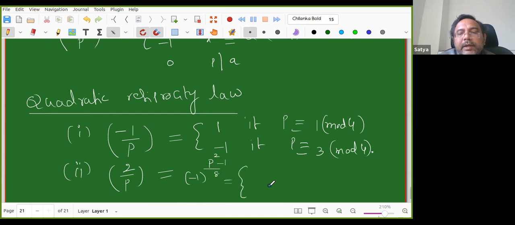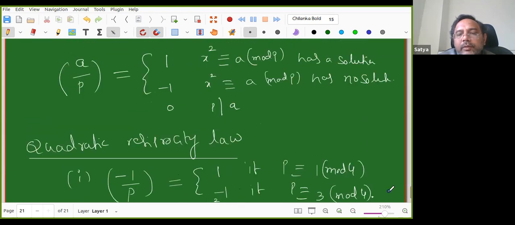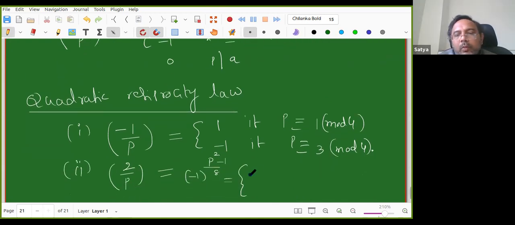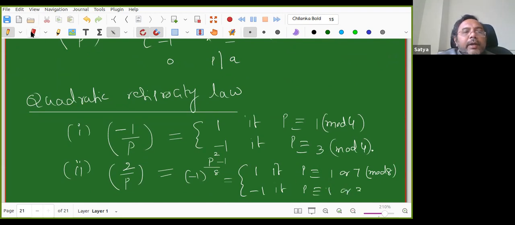This becomes 1 if P is congruent to 1 or 7 modulo 8, and it is equal to minus 1 if P is congruent to 3 or 5 modulo 8.